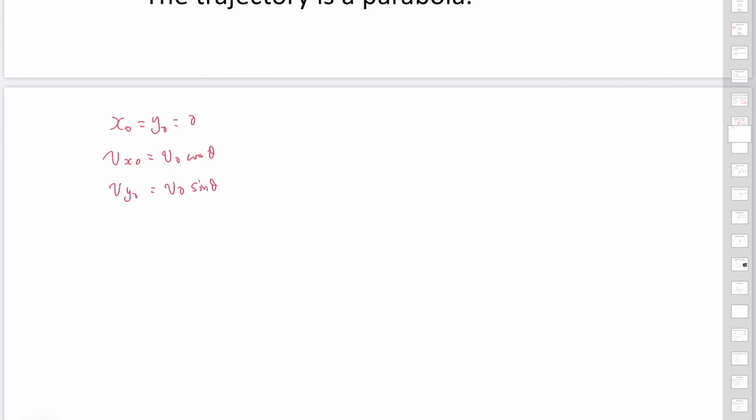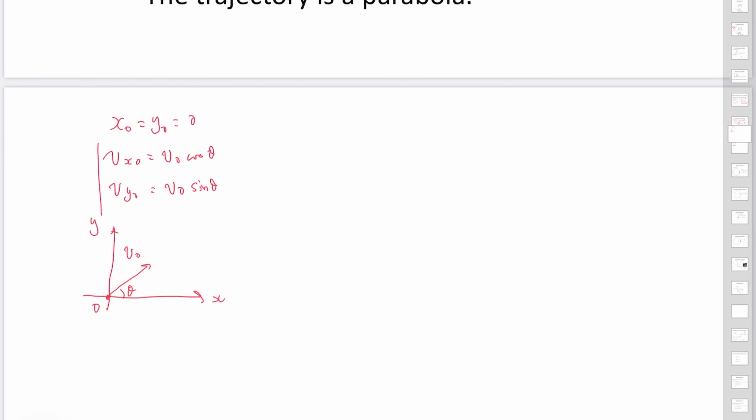So this means, on the x-axis and y-axis, the initial position of the projectile is located here, and the particle is moving with the speed of v sub 0, and the angle between the initial velocity and the x-axis is theta.